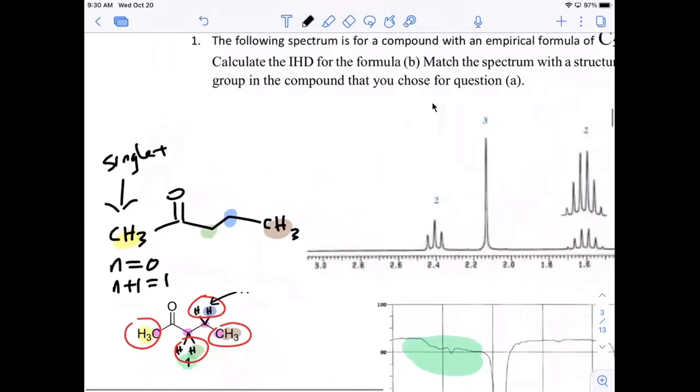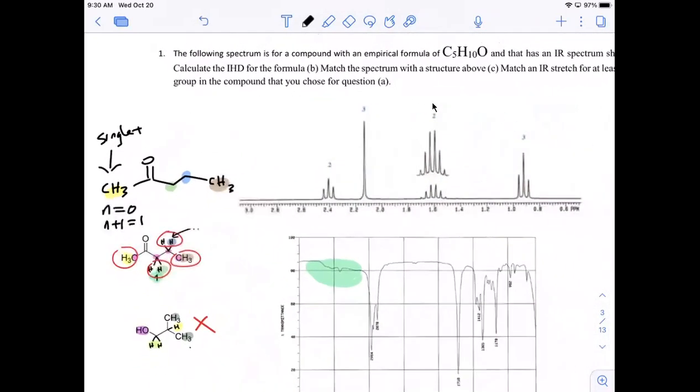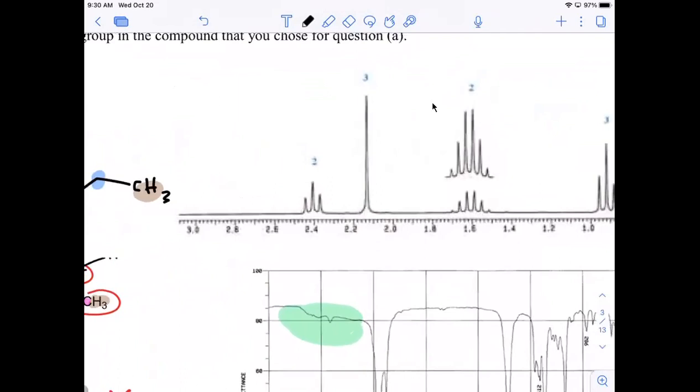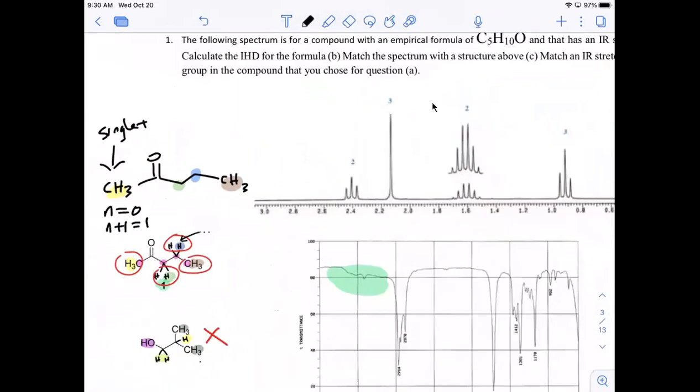So we know what the splitting pattern is, and we see a singlet, but we also need to know why it shows up at 2.18 or 19 or whatever that is, right? Because it's really close to 2.2. So why would it show up there? Anybody? If you remember from Monday, that NMR chart that we had, protons on carbons that are adjacent to a carbonyl, they show up anywhere between 2 and 3, right?